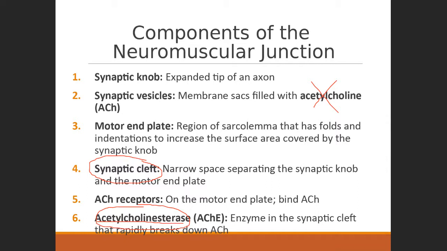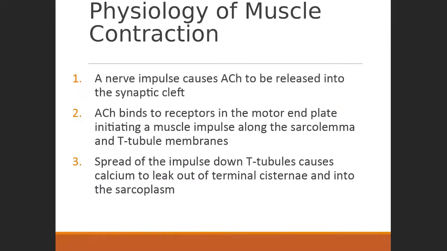So we can trace the sequence of events through this neuromuscular junction along the membrane of the muscle cell, the sarcolemma, and down into the inner workings of that cell so that we can see how we bring about muscular contraction. The first thing we have to do is have an impulse releasing acetylcholine into the synaptic cleft of the neuromuscular junction.